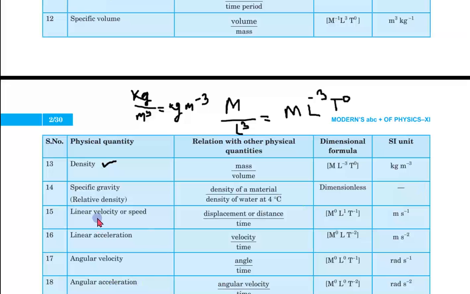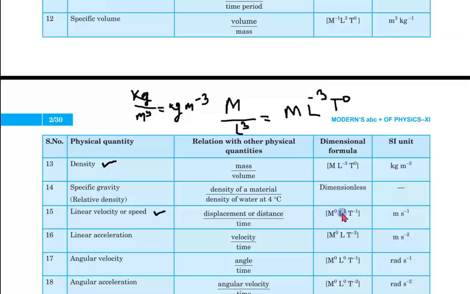Linear velocity, or just velocity or speed: if it is velocity, the formula will be displacement by time, or if it is speed, distance by time. Distance and displacement are just the same, we'll explain it later. Distance is measured in meter, time in second. This does not involve mass, so M0.